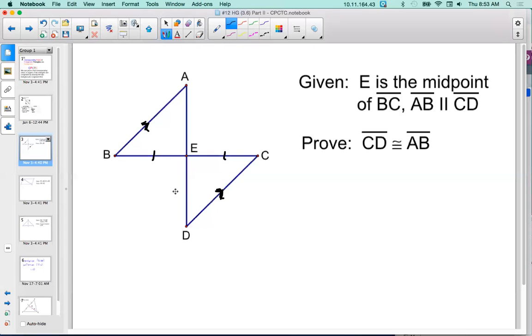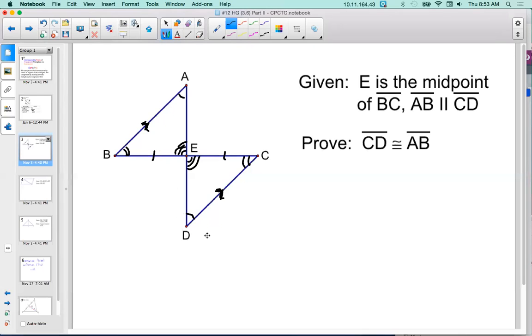And parallel lines with transversals allow us to get some alternate interior angles. So we actually could get a couple different pairs of alternate interior angles from that. And lastly, it's not in the given information, but I do see we have a pair of vertical angles, which does give us three congruent angle pairs.